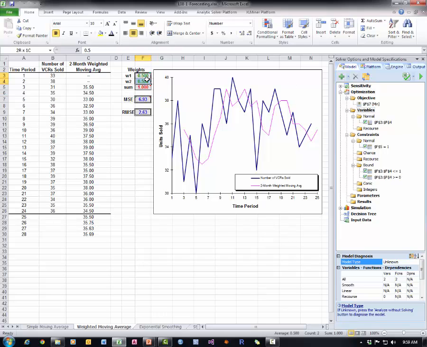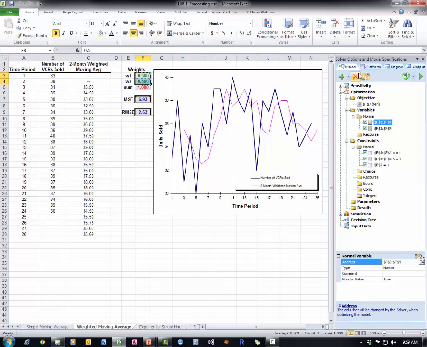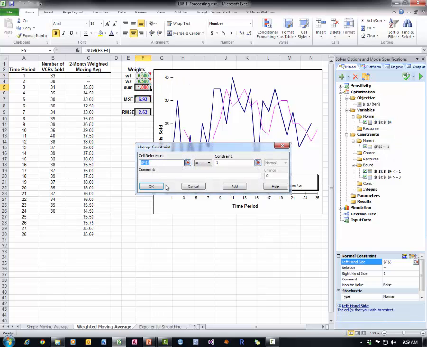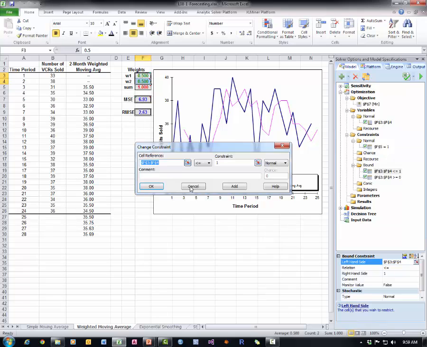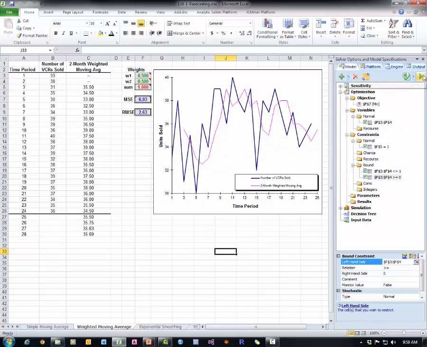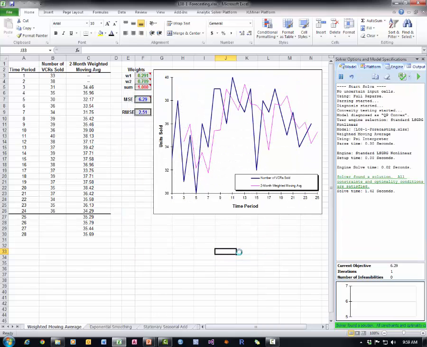Our variables are these 2 variables. You can click plus, and that will put your variables here. Your constraints are that the sum of these 2 variables should be equal to 1, and of course, these values are less than or equal to 1 and greater than or equal to 0. And once you have this, you can run it just like you did in your linear programming.